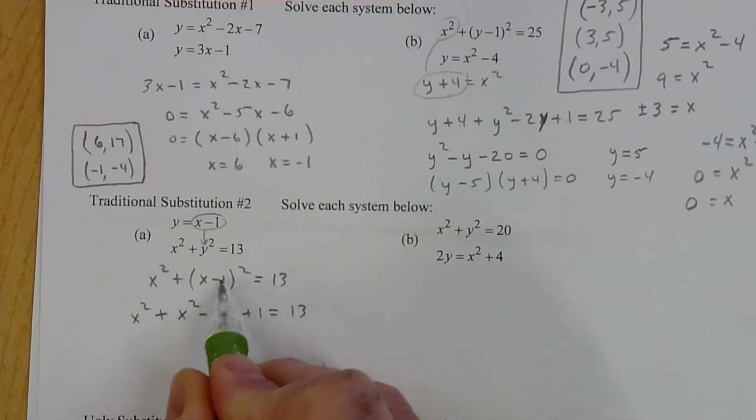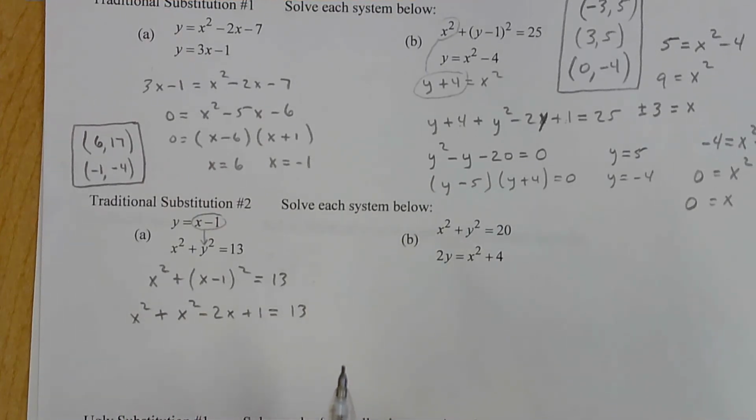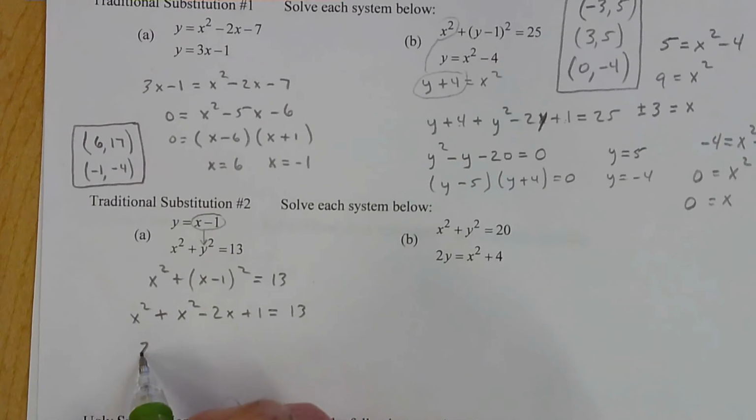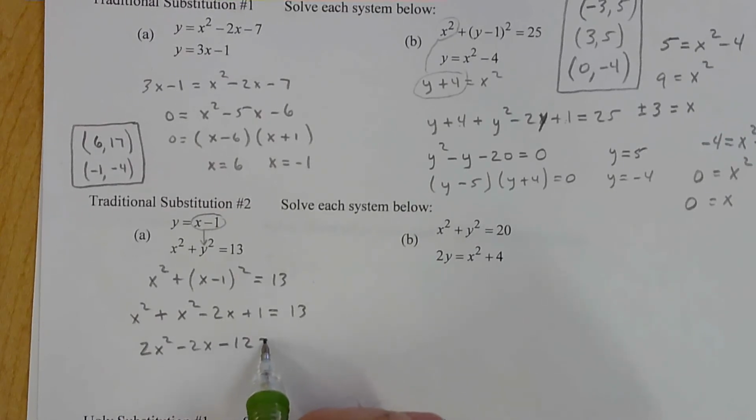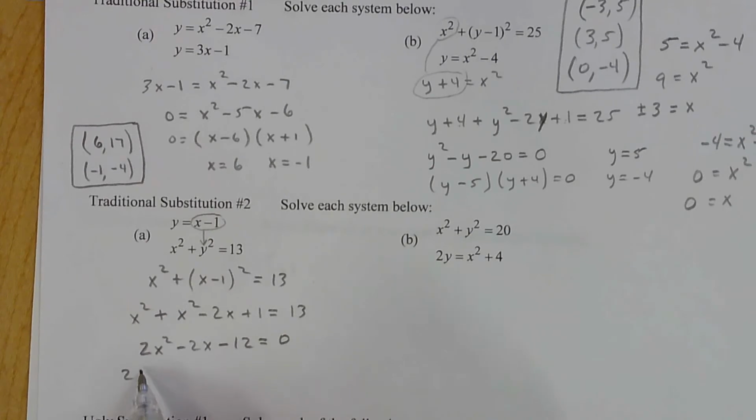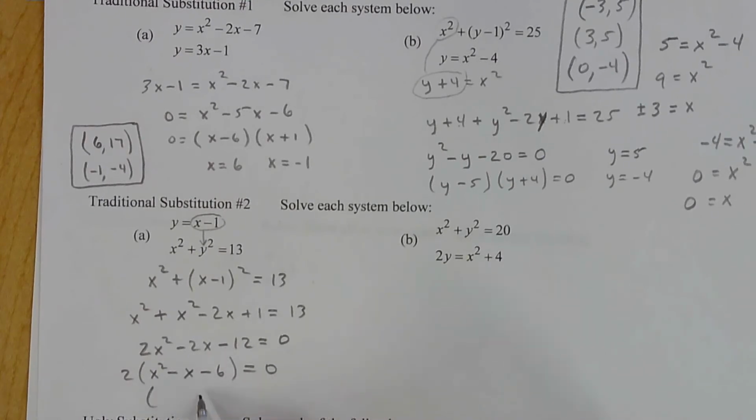So all I did in that step was multiply the x minus 1 times itself. And now we're going to get this thing ready to be factored. So I'm going to combine like terms, and I'm going to bring the 13 over. And now we'll factor. It looks like we should extract out a 2 here, common term, before we factor this to an x minus 3 and an x plus 2.